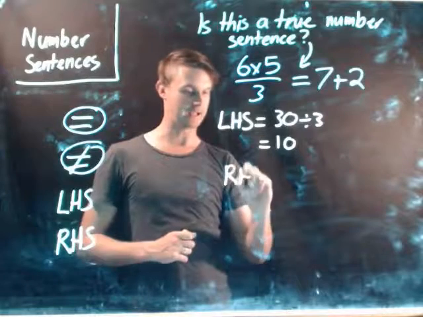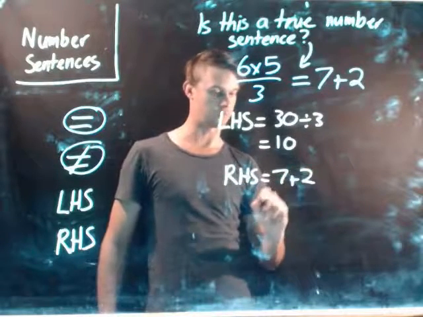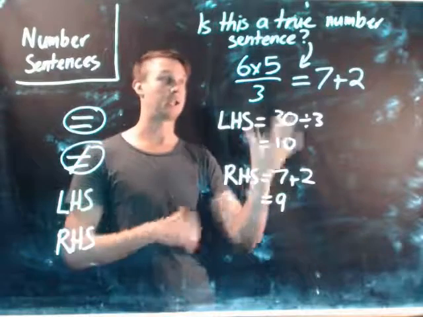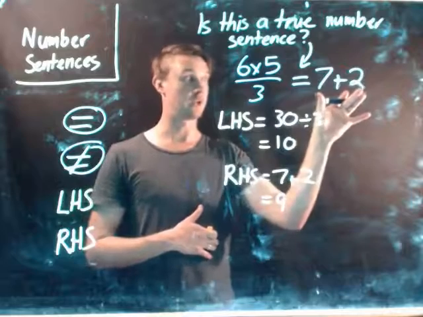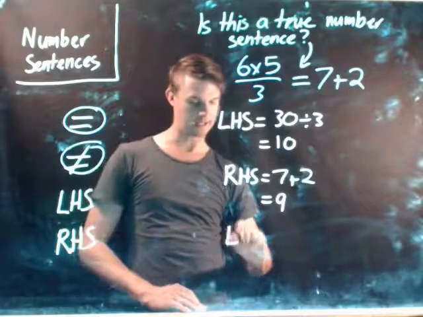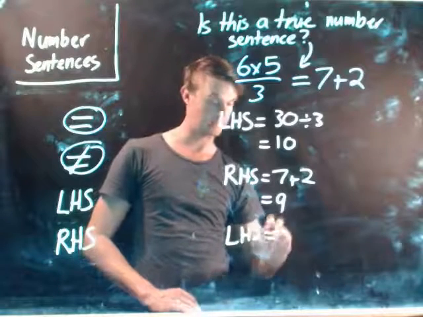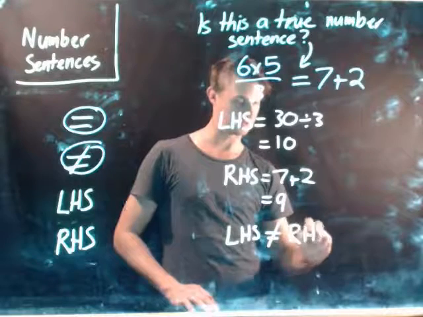Let's see what the RHS equals. 7 plus 2, we know that equals 9. So now we can compare. Does the LHS of 10 equal the RHS of 9? No, it doesn't. So we'll say LHS doesn't equal, remembering to use this symbol, the RHS.